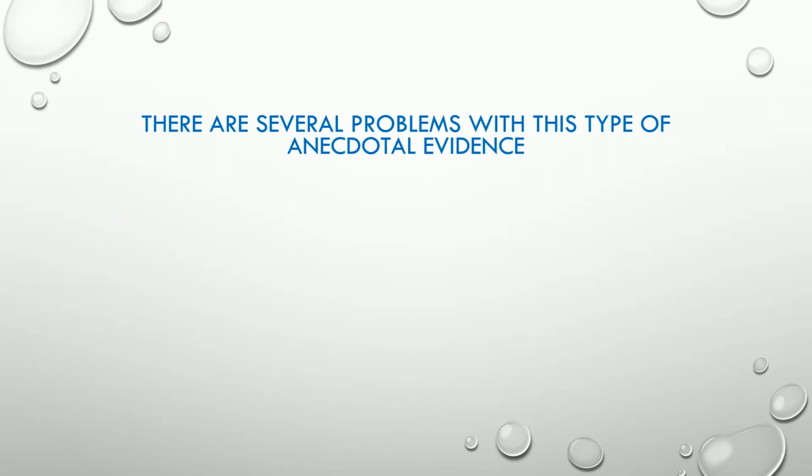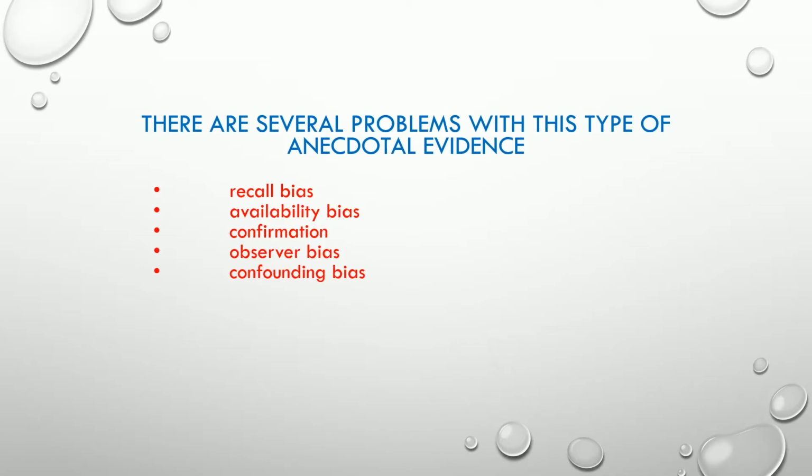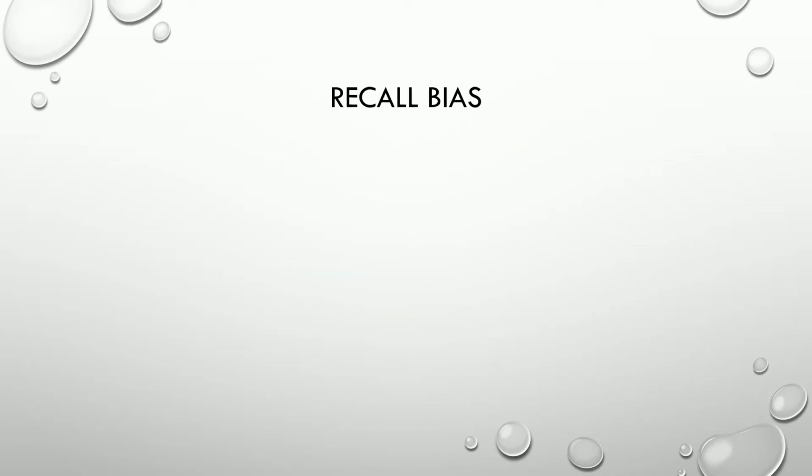There are several problems with this type of anecdotal evidence. There is recall bias, there's availability bias, there's confirmation bias, there's observer bias, there's confounding bias. Let's look at each one of these.